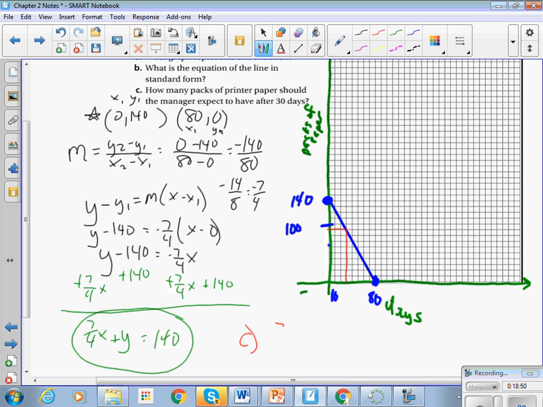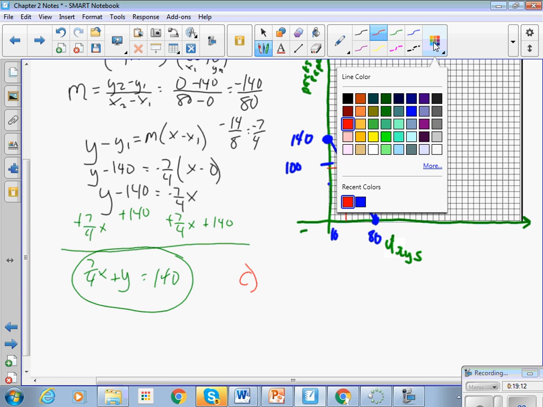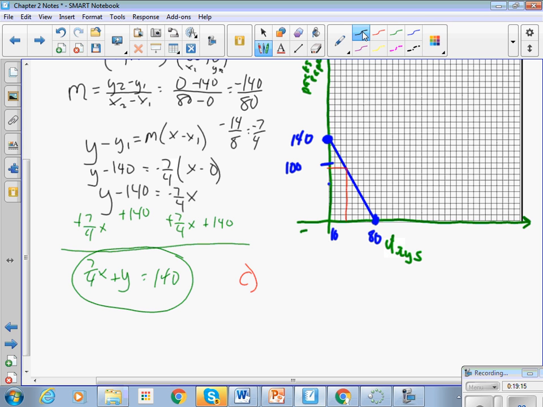Okay, so we got 7/4 times 30 plus y. So times 30, because x is 30, plus y equals 140.